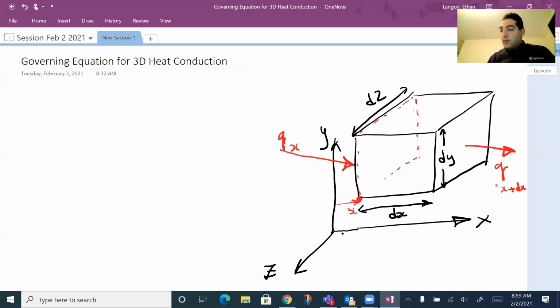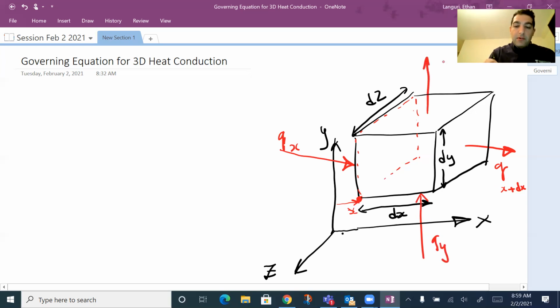Same thing for y. Qy comes in at the bottom of the finite element, leaves on top. Again, when it leaves at y plus dy, because dy is the thickness of my finite volume and y was the initial location. I'm showing it here.